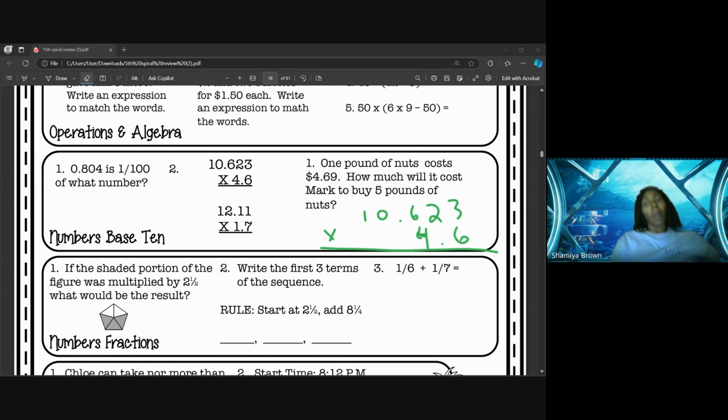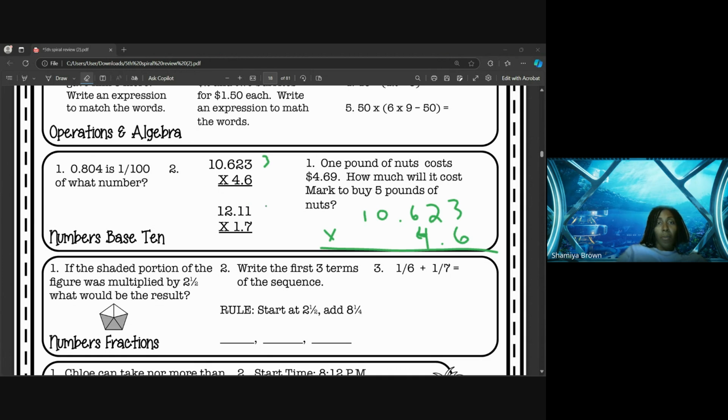All right, so I would go ahead and just do my multiplication as normal. I'm going to pretend the decimal isn't there. But then at the end, I'll go back and put my decimal. So I would have to count the places after my decimal in each of these numbers. So in 10.623, there are 1, 2, 3 places after my decimal.